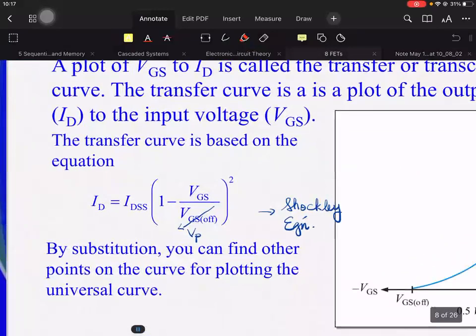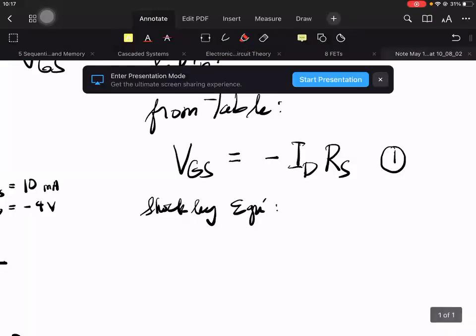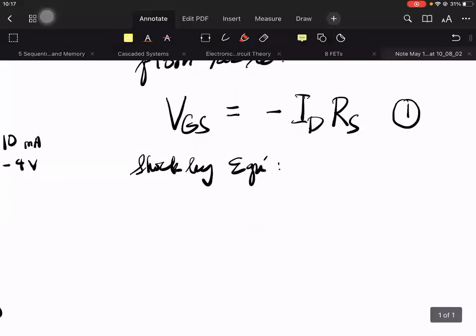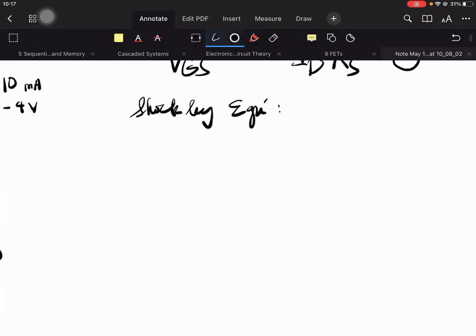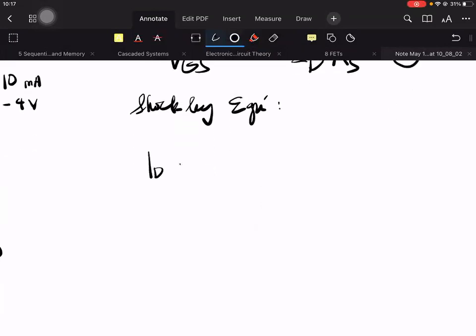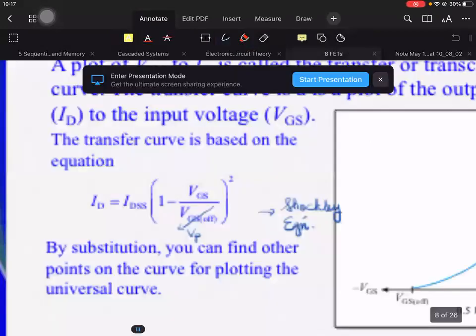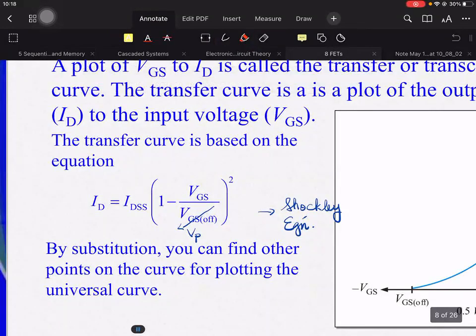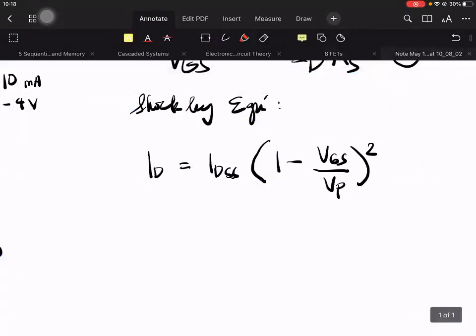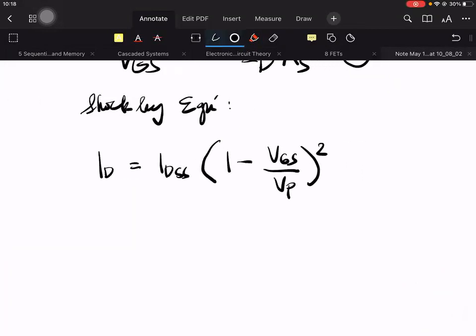ID is equal to IDSS times (1 minus VGS over VP) squared. So this is equation 2.